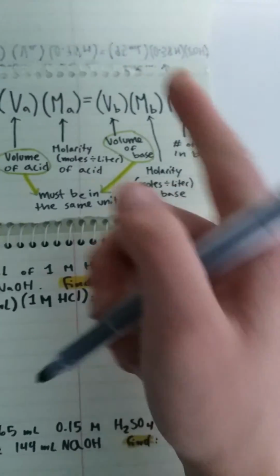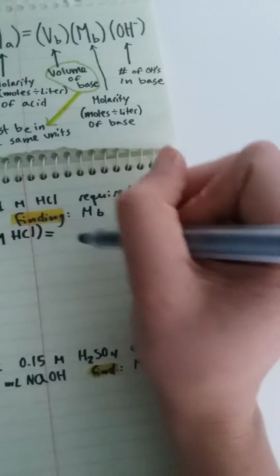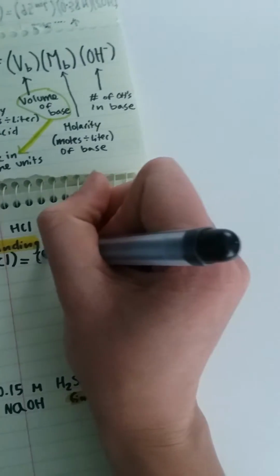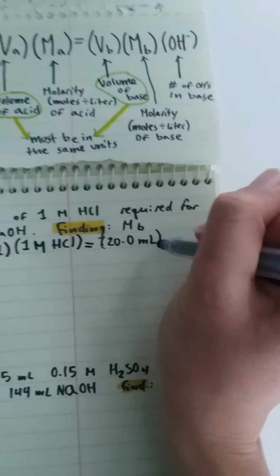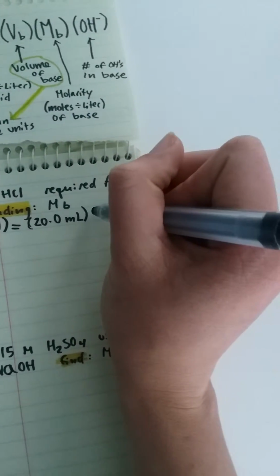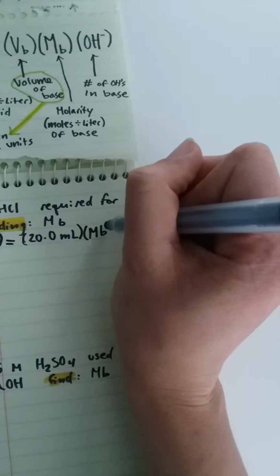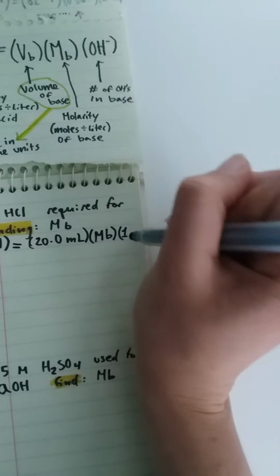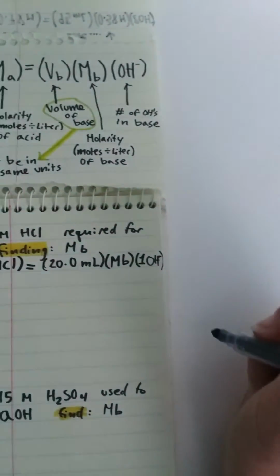Then we know it equals, given 20 milliliters of NaOH, and we don't have the molarity of the base, so that's what we're finding. I'm just going to keep that as MB. It's like a little variable. And then we only have one OH.